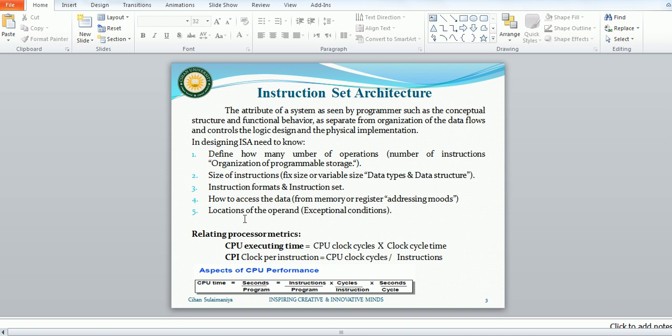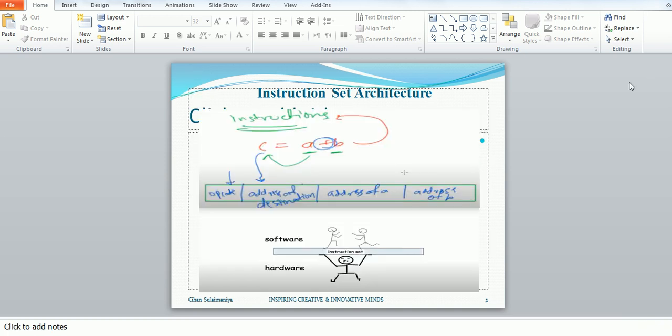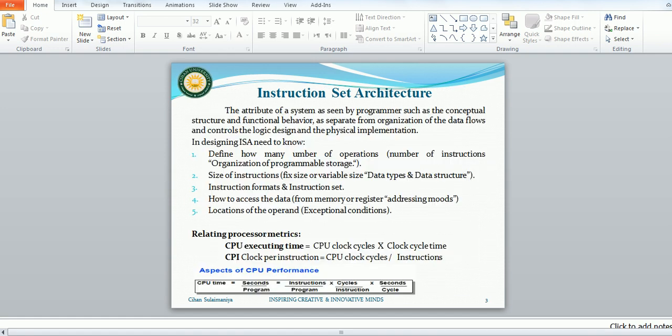Finally, the locations of operands. Where is the address where we are going to save the operand? For example, C equal to A plus B: where are we going to save the result of A plus B, where are we going to save C? So the location of the operand is required to be known.